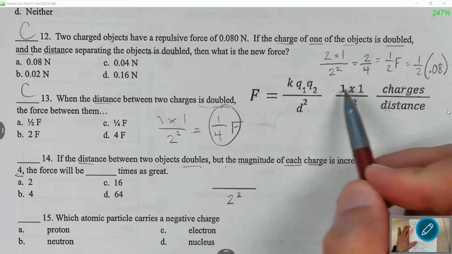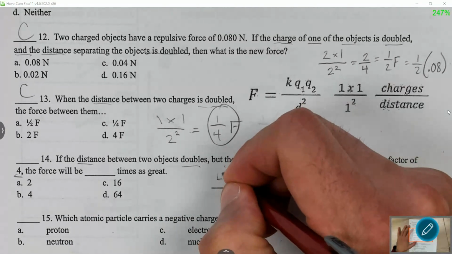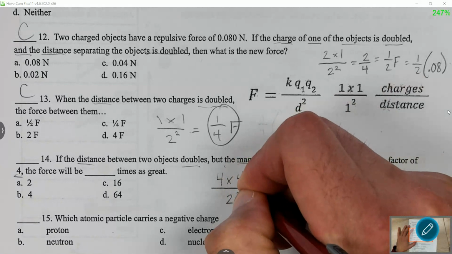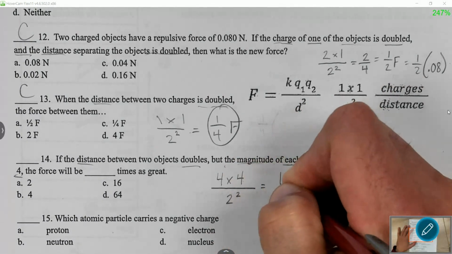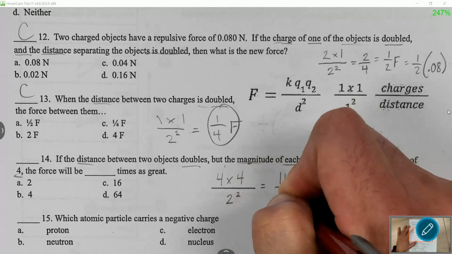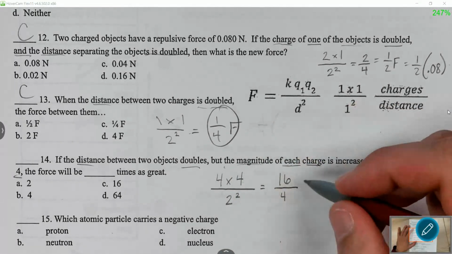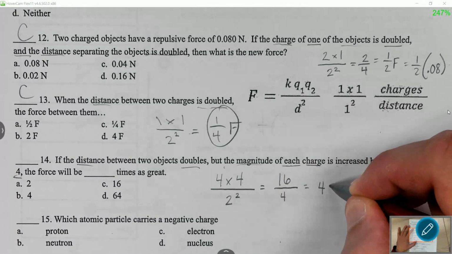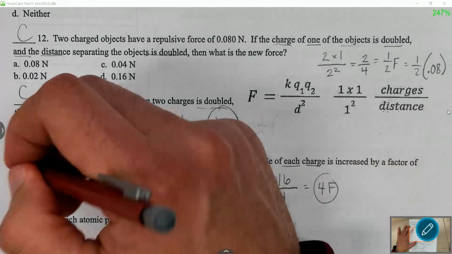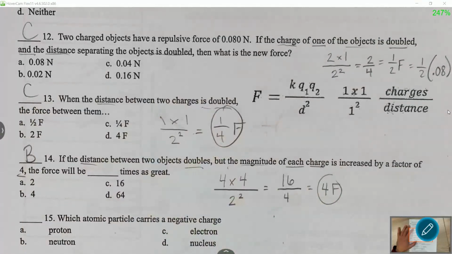Instead of 1 and 1, they both become a 4. So 4 times 4 is 16. 2 squared is 4. If we divide this out, 16 divided by 4 reduces down to 4. 4 times the force, so our answer here would be 4.